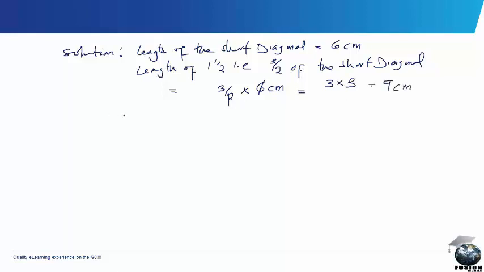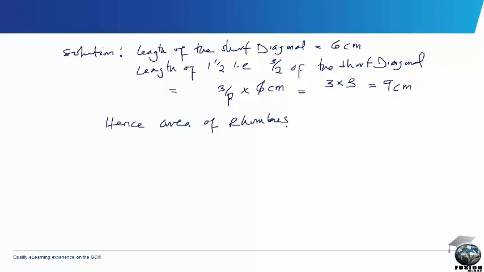So therefore the long diagonal is 9 cm while the short diagonal is 6 cm. Hence we can now find the area of the rhombus.